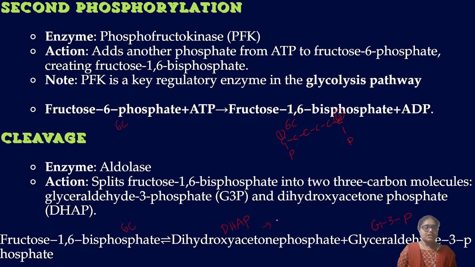DHAP is a 3-carbon compound and G3P is also a 3-carbon compound. Here the 6-carbon compound is broken down to 2 molecules of 3-carbon compounds. It occurs in the presence of the enzyme aldolase.